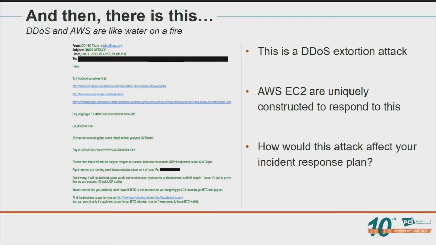Then there's this. This is a distributed denial of service attack. Amazon's one of the few institutions that is uniquely capable of dealing with a distributed denial of service attack. They have so much in the way of resources. So if you get an email like this one that is real, that says, if you don't pay me, we're going to attack, it's time to call Amazon and say, I need help, what should I do?